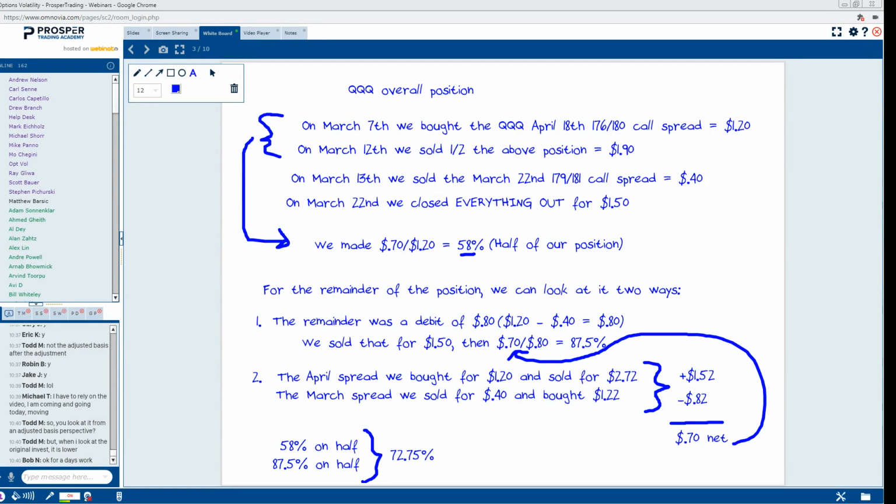You should come up with the exact same percentage profitability. Remember, we're talking about the entire position. If your overall investment was $100, based on the 72 and change percent return, your credit back should have been $172.